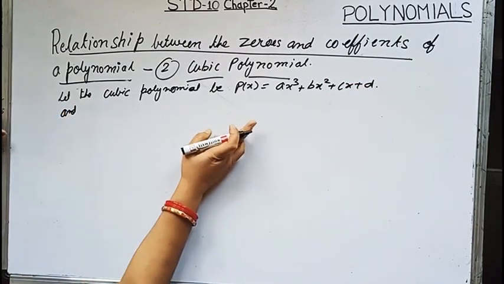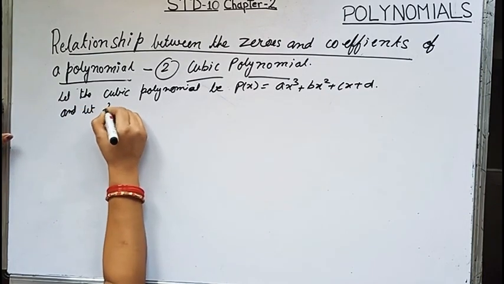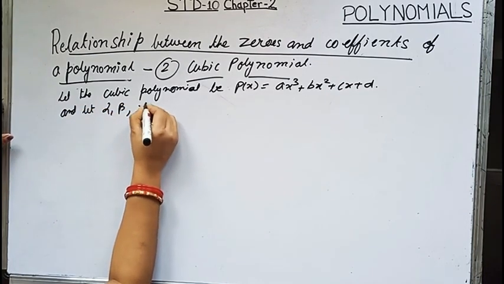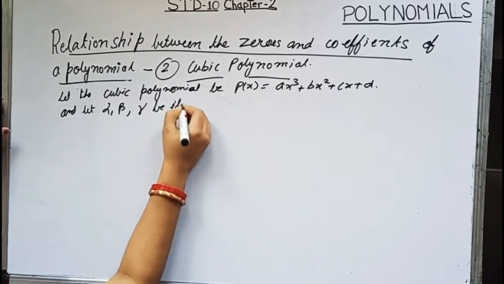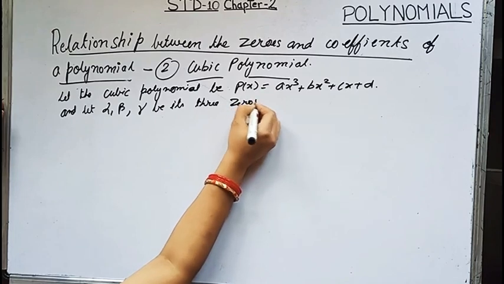And since it is a cubic polynomial, it will have three zeros. And let alpha, beta and gamma be its three zeros.